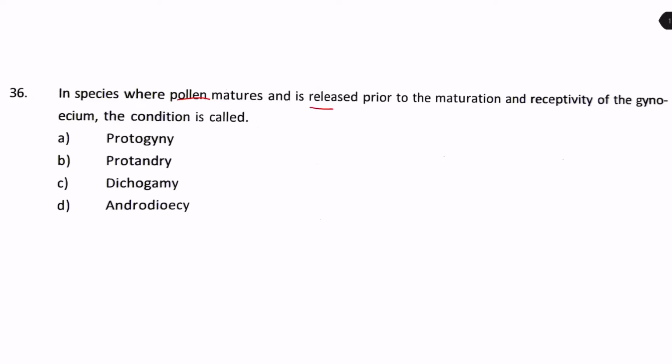Since pollen is released before the gynoecium, the options are protogyny, protoandry, dichogamy or andraci, and our answer will be protoandry, where androecium is coming first, because pro means first and then andry. So here our answer will be number B. Yeah, because pollen, the male gamete, is released prior.